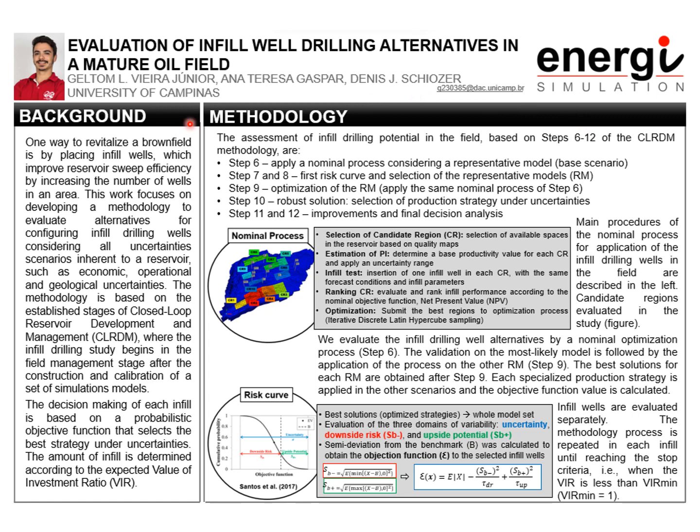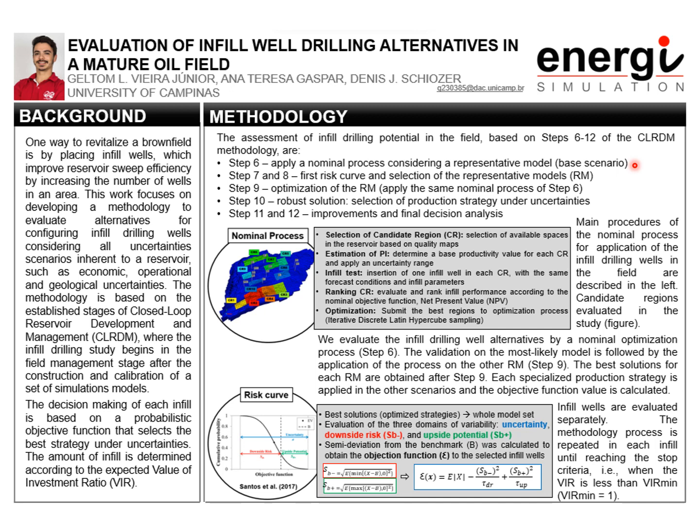So the methodology is based on steps 6 to 12 of the closed loop. In step 6, we apply a nominal process to a single model, which is the base scenario. After that, we have the optimized production strategy considering only one model, and we apply this strategy to the whole model set to build the first risk curve.